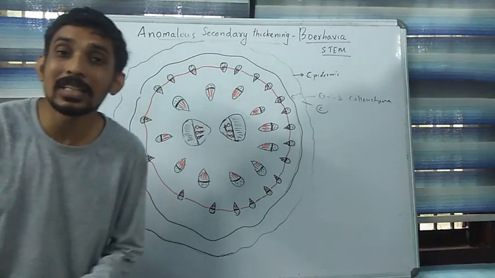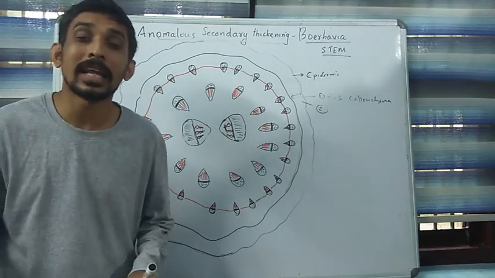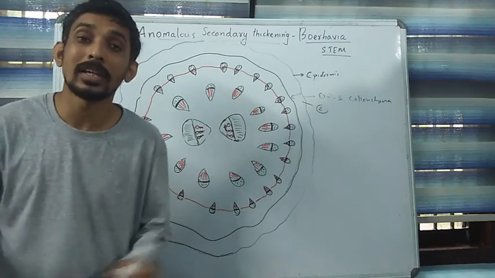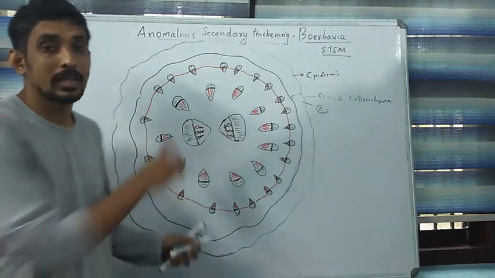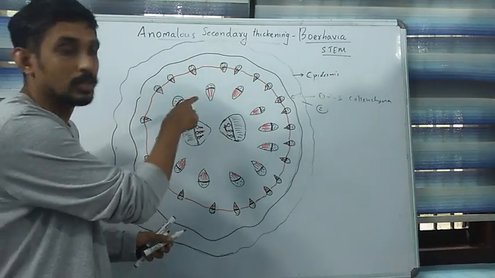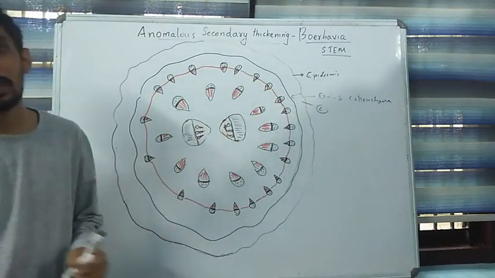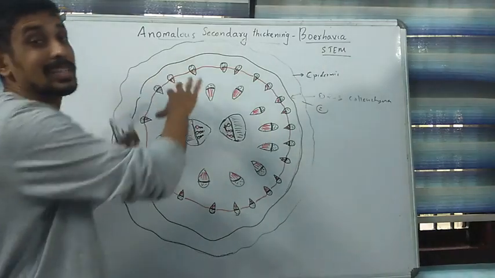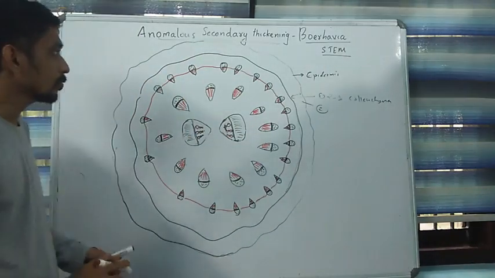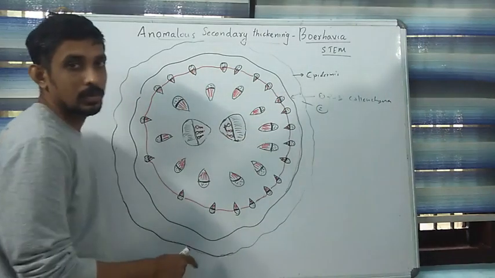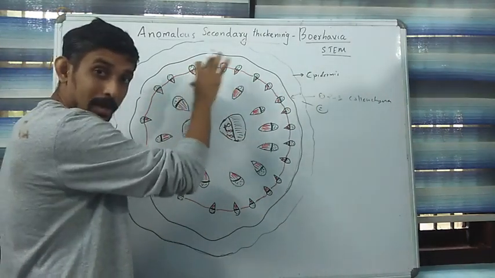Ray initials are completely absent, whereas ray initials are present in the vascular bundles of a normal dicot stem, but here they are absent. So the main feature of this Boerhaavia stem is that its cambial ring lacks ray initials.